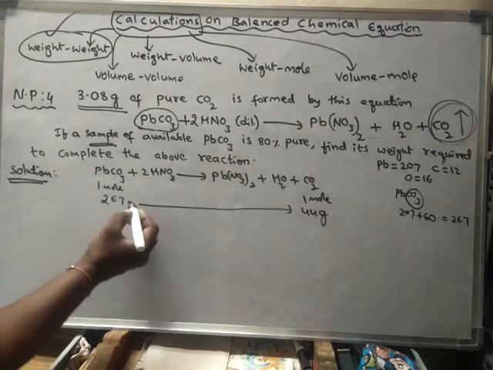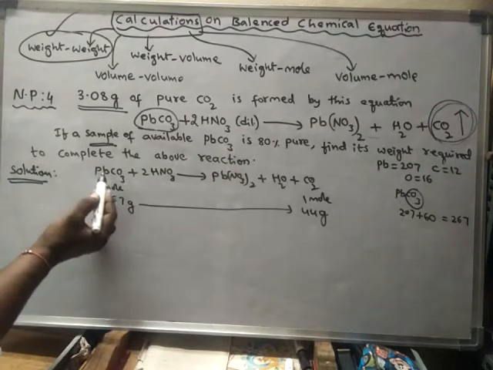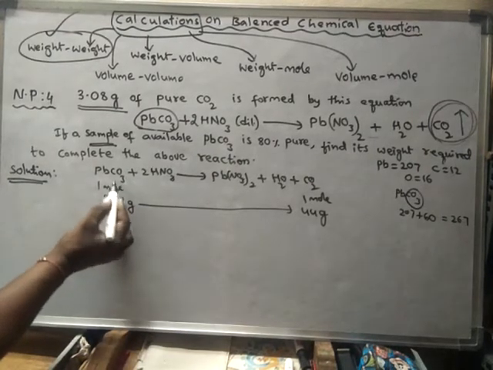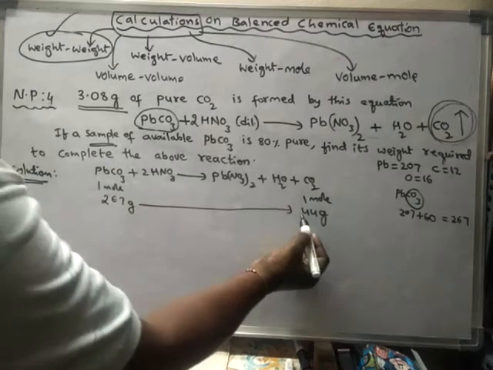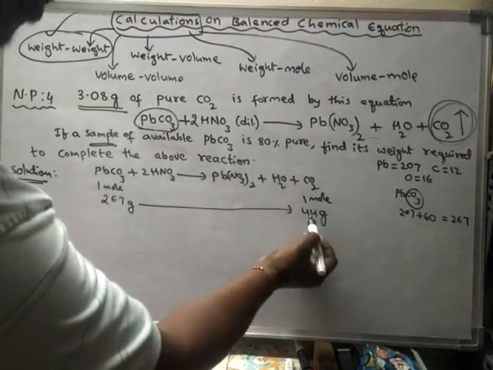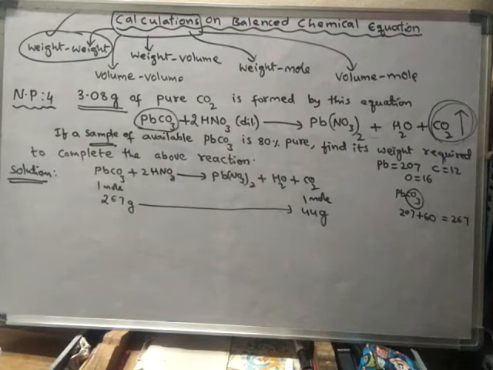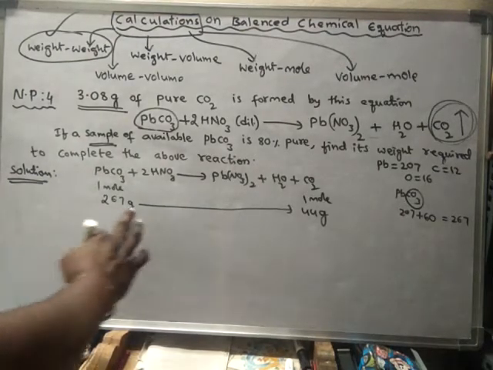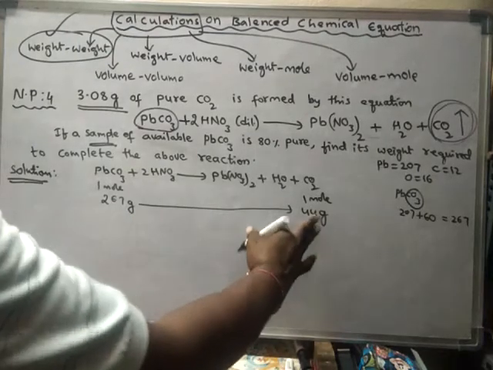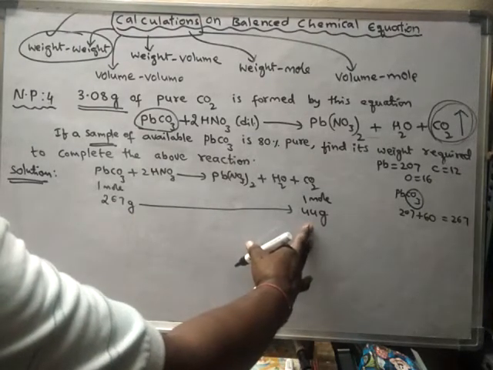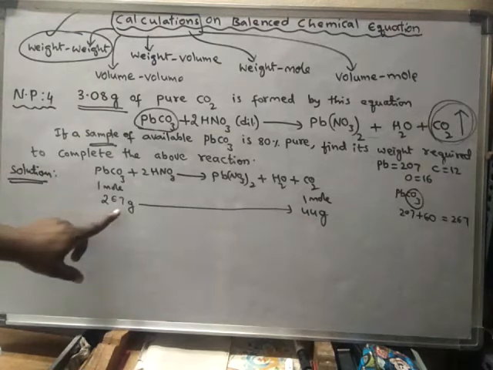If it is pure, 267 grams of pure lead carbonate can produce 44 grams of pure carbon dioxide. So for the formation of 44 grams of carbon dioxide, this much lead carbonate is essential, it is required.